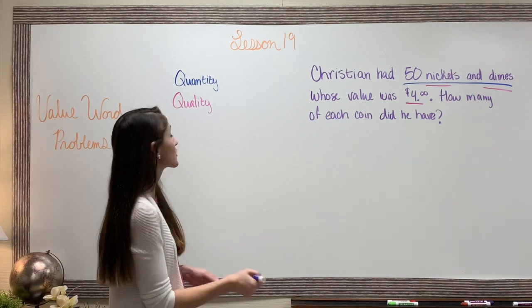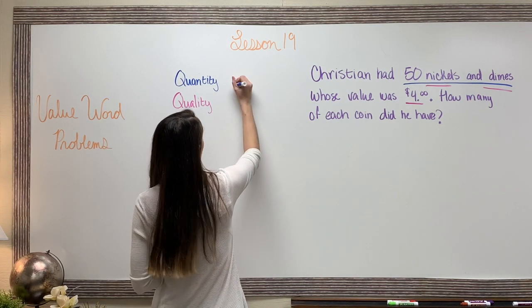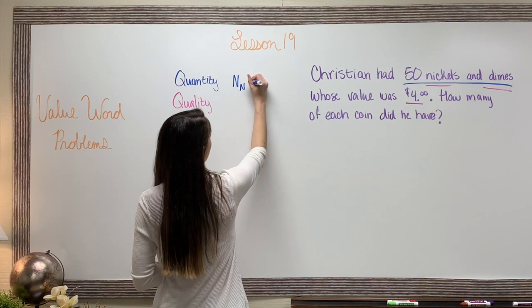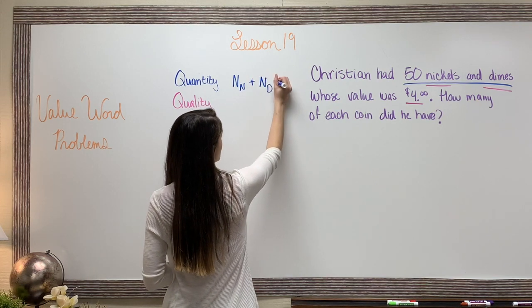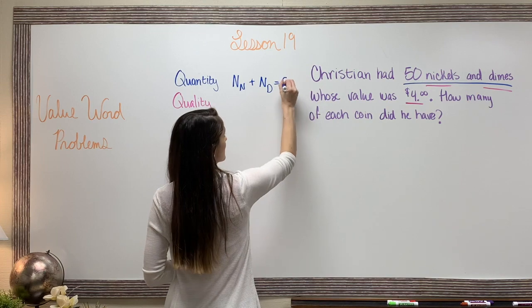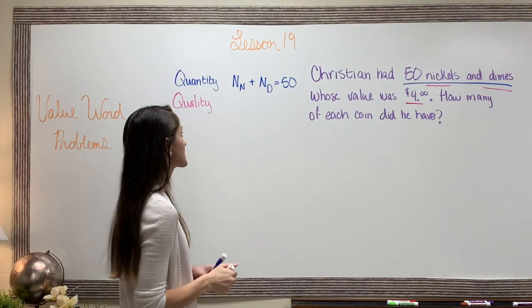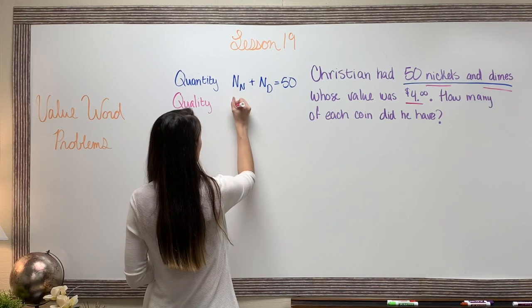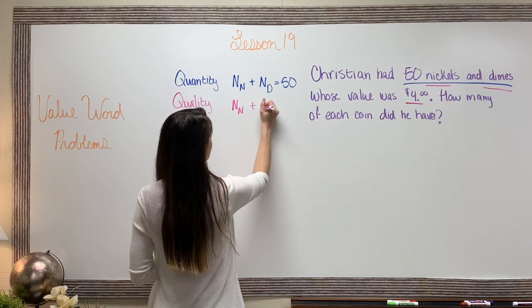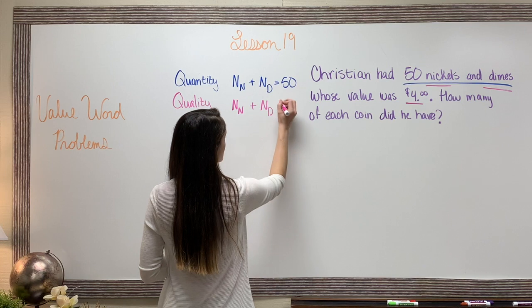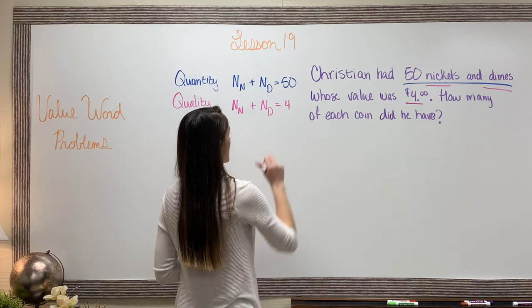So for our first one, quantity, I know that the number of nickels plus the number of dimes is going to equal 50. So there's my quantity statement. And now my quality. The number of nickels plus the number of dimes is going to equal $4.